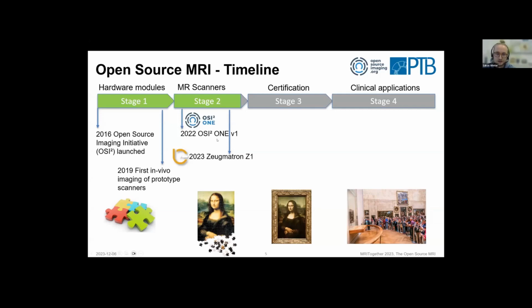So this is super nice, and it's interesting to see what happens next. But let's just check first what these two systems look like and can offer. I will start with the more recent one, this Zeugmatron, because the OZ1 fits a little bit better into the flow of the presentation to do it afterwards.